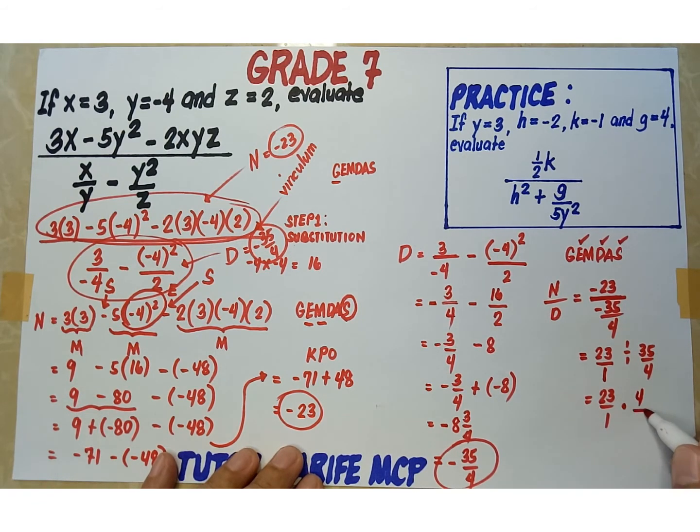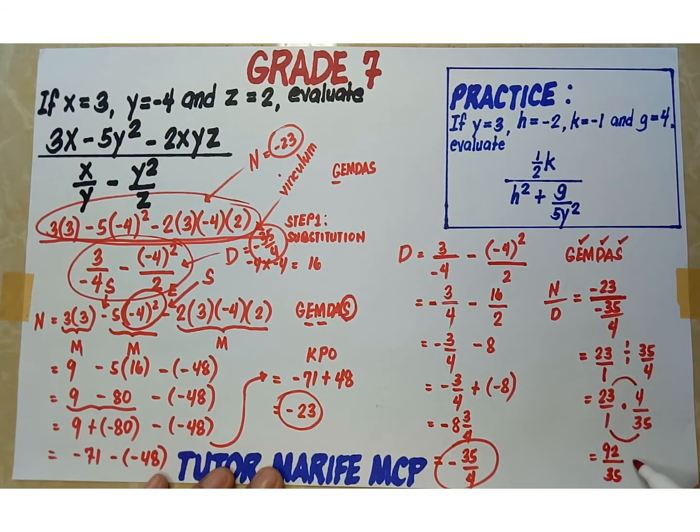So 4 over 35. If it's possible to reduce, you reduce before you multiply. So this is not reducible. We can proceed to multiplication. Multiply the numerators, multiply the denominators. 23 times 4 is 92. 1 times 35 is 35.